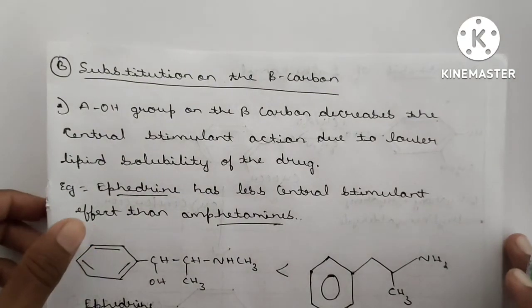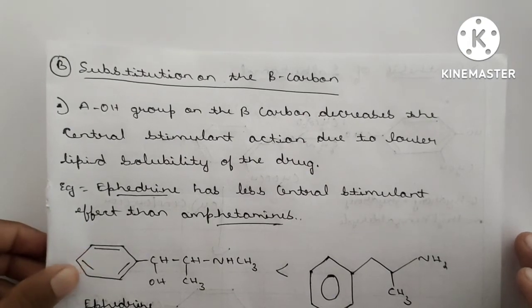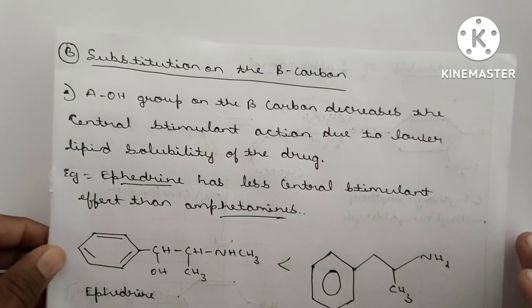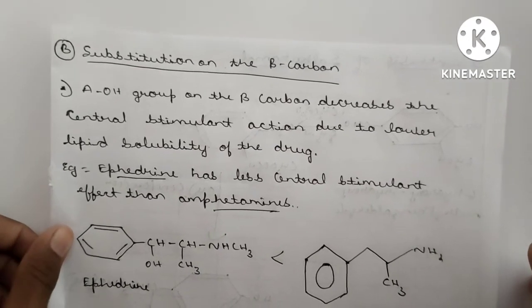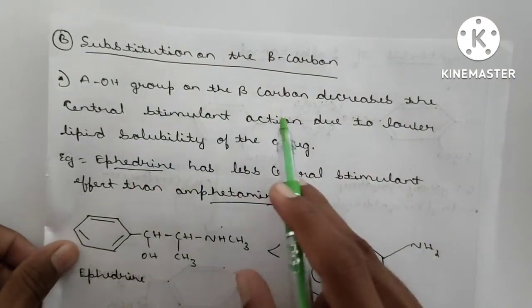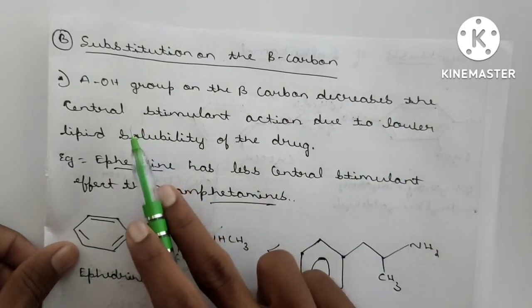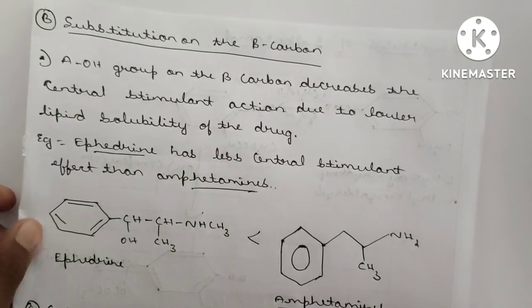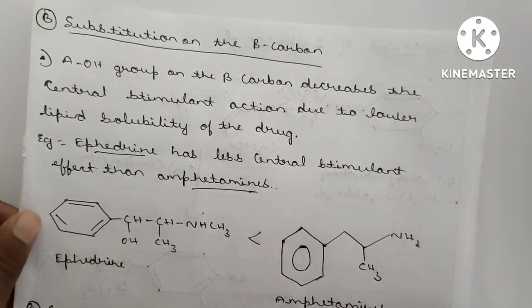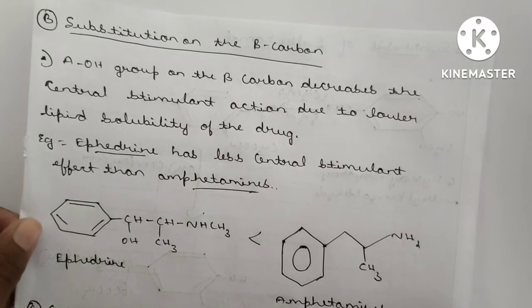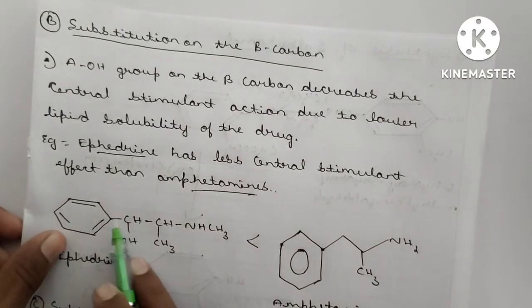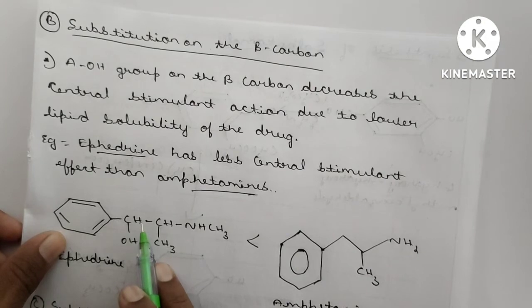Now, substitution on the beta carbon. There we went for the substitution on the aromatic ring, but here it is substitution on the beta carbon. What happens on the beta carbon? An OH group on the beta carbon decreases the central stimulant action due to the lower lipid solubility of the drug. Understand the concept. See, this one is the alpha carbon and here it is the beta carbon.